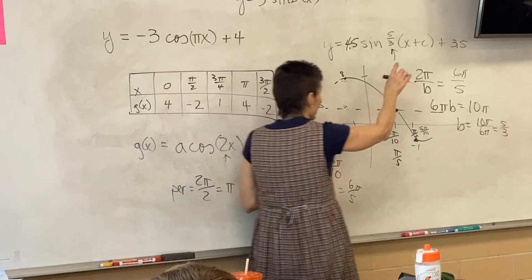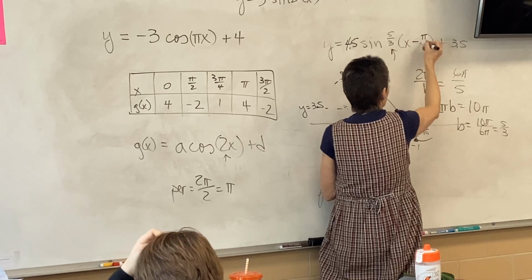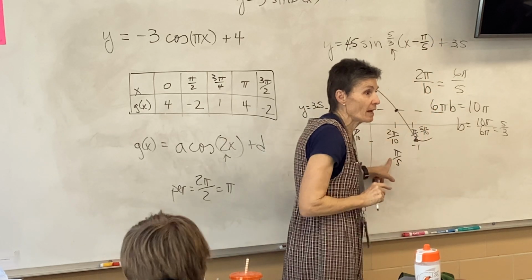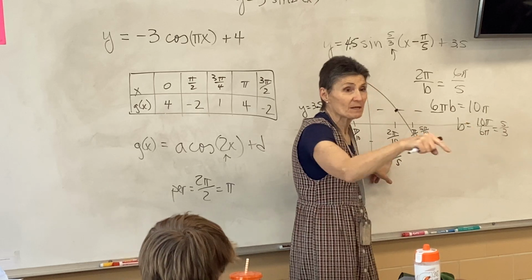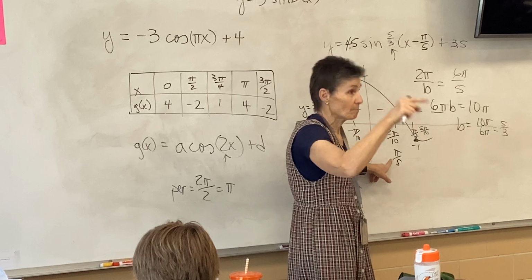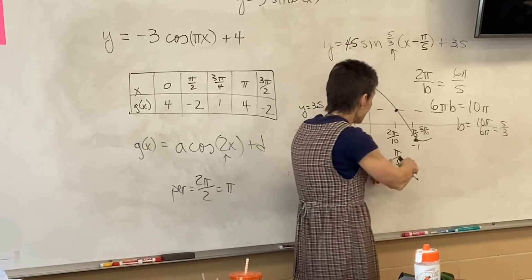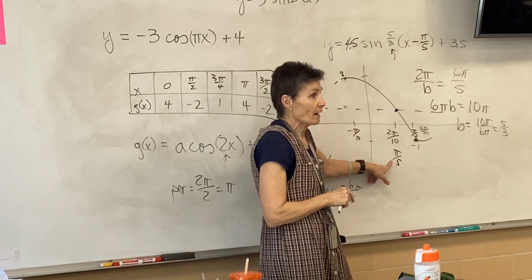So if I start my curve at positive pi over 5, then in my equation I have to put negative pi over 5. The way he set up the equation is x plus c, and that's fine. I just need it to be a negative pi over 5 because I'm going right.